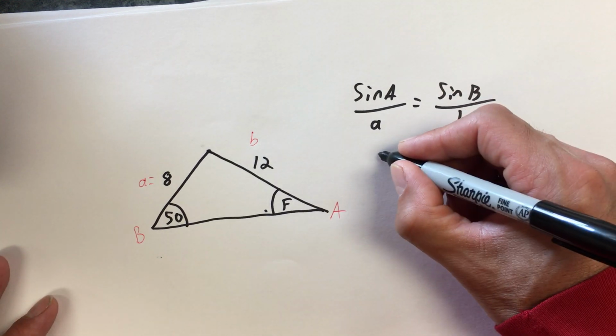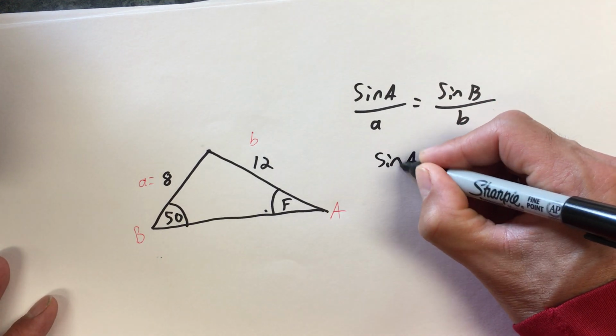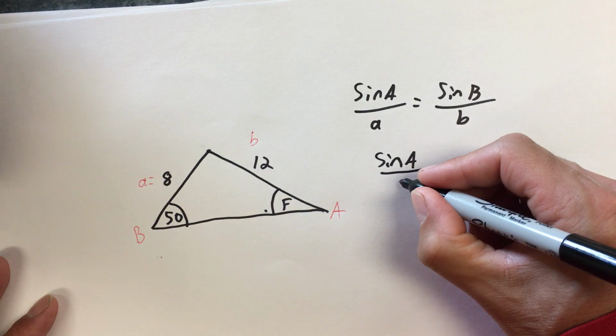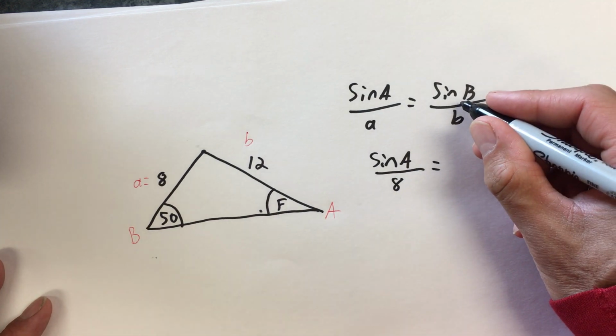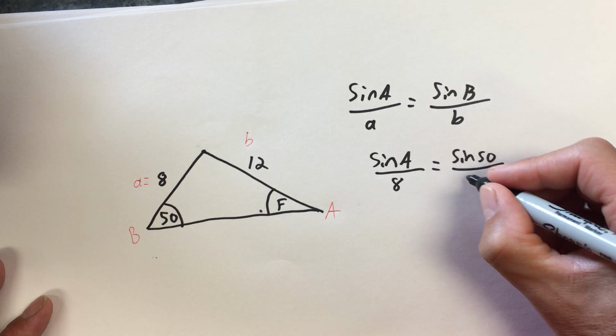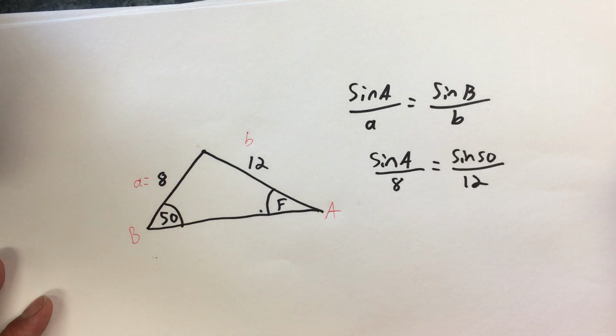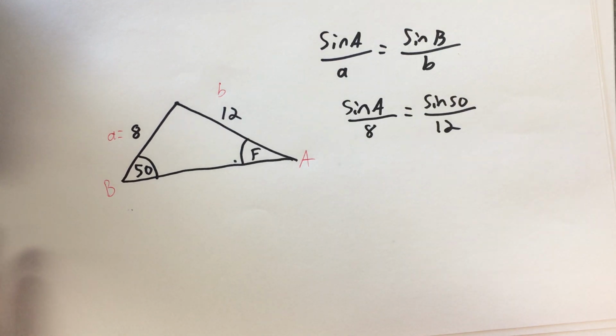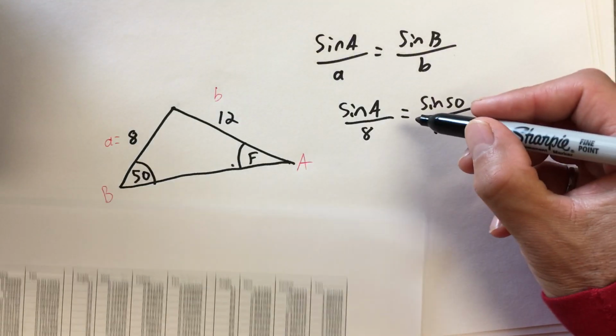I'm then going to write in the values. The sine of A divided by 8 is equal to the sine of 50 divided by 12. I'm then going to find, well, I can rearrange it first.